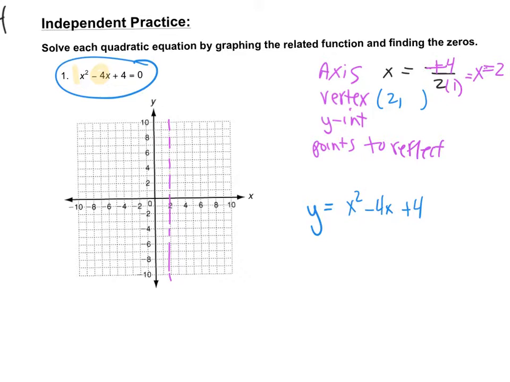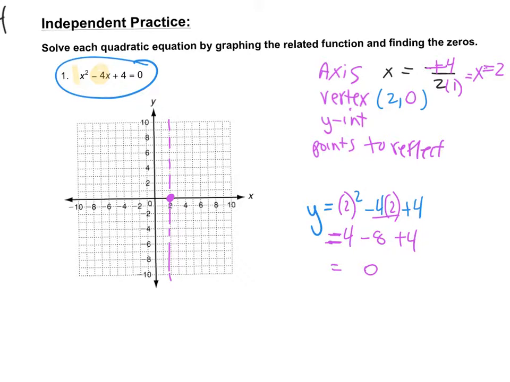You want to know what y is equal to if x is 2, so substitute. 2 squared is 4. 4 times negative 2 is negative 8. So 4 minus 8 is negative 4. Negative 4 plus 4 is 0. When x is 2, y is 0. (2, 0) is my vertex.